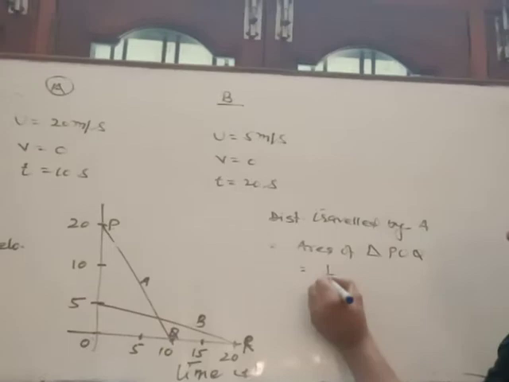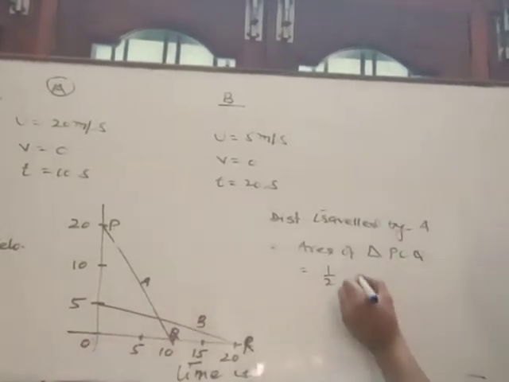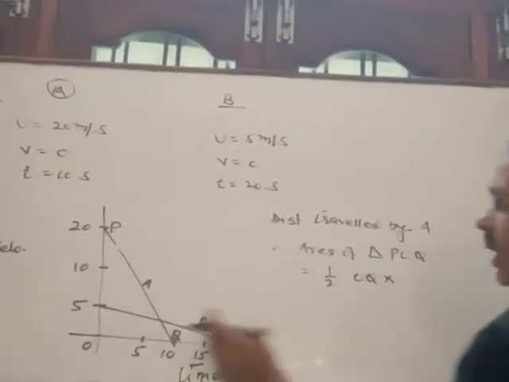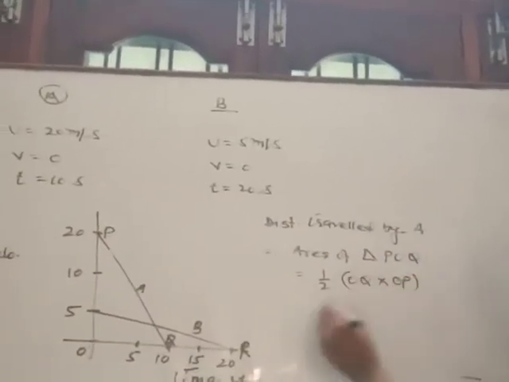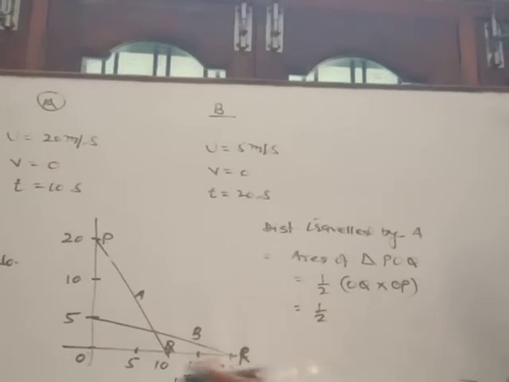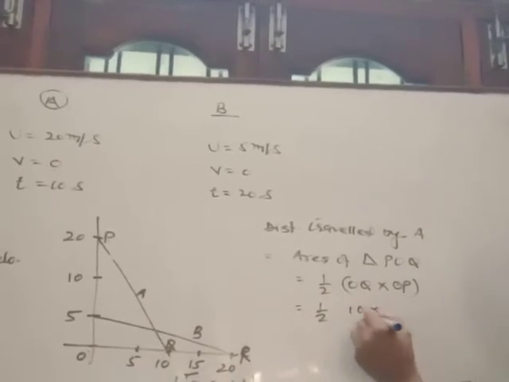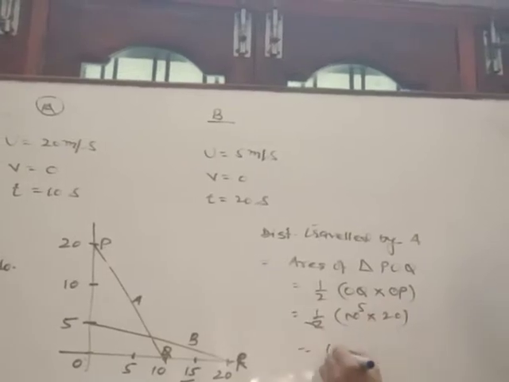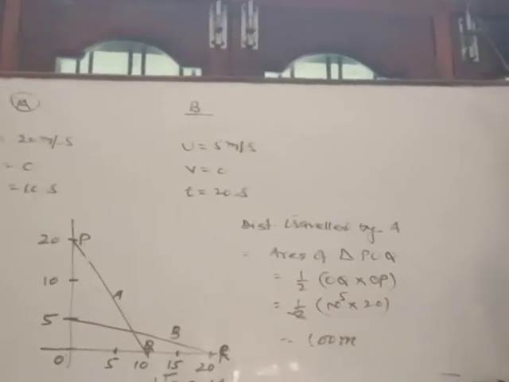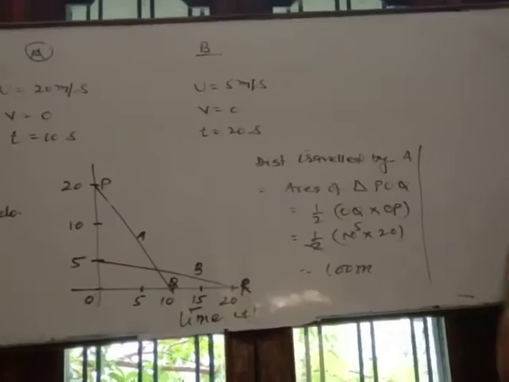It is equal to 1 by 2 base OQ into height OP. It is 1 by 2, OQ is 10 and OP is 20. 2 fives are 10, so it is 100 meter. So distance traveled by A is 100 meter.